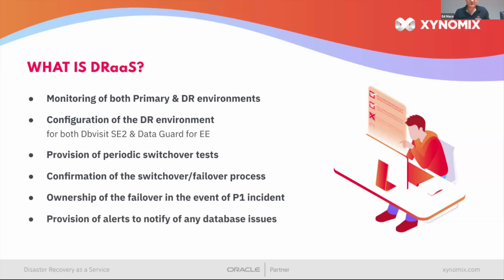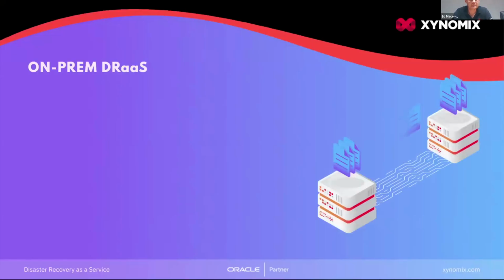And what I mean by this, because of course we can resolve those issues on your behalf, but if you're taking disaster recovery as a service, it might be because you've got your own in-house DBA team to be able to manage it on a day-to-day basis. So we can work really flexibly either way. We can let you implement the changes, or we can take responsibility for that on your behalf. So it just gives you the option.